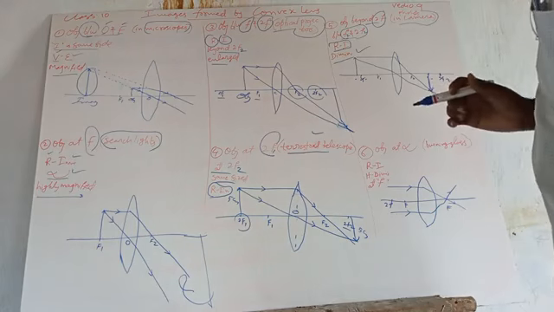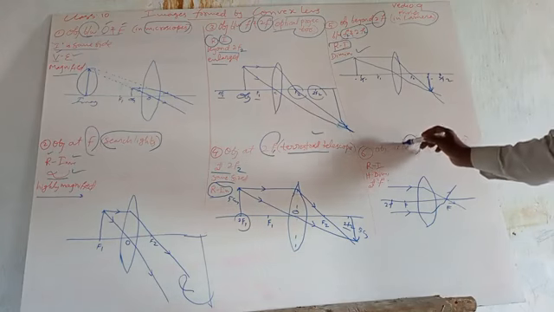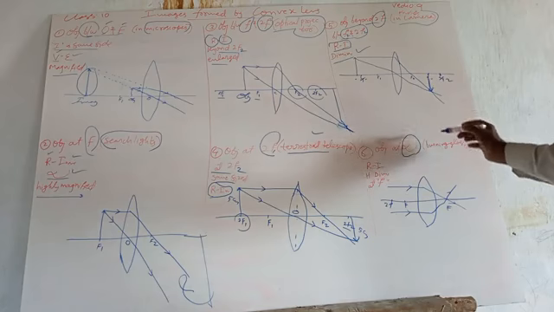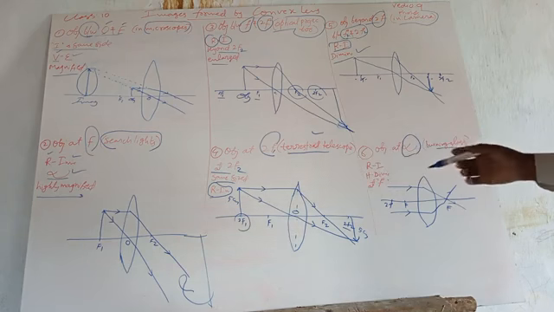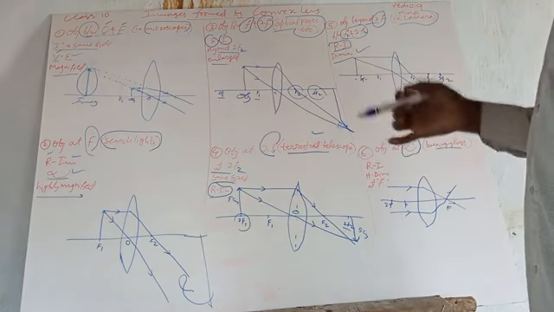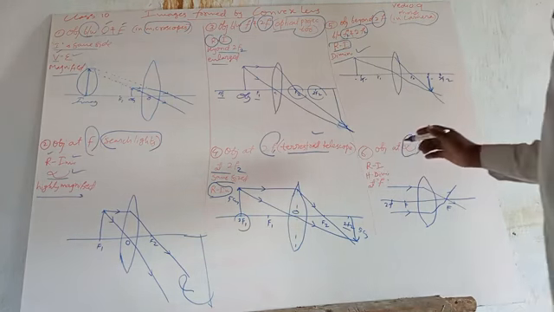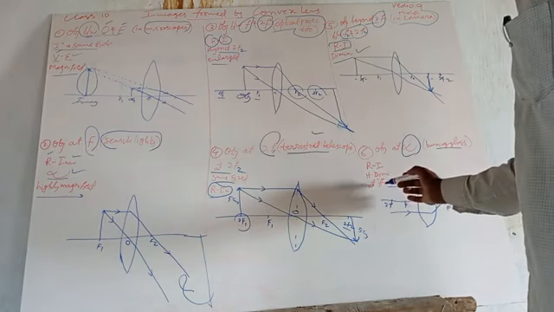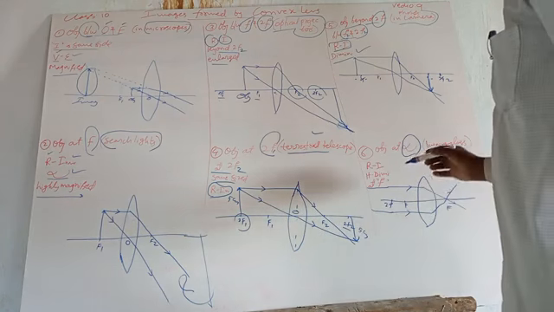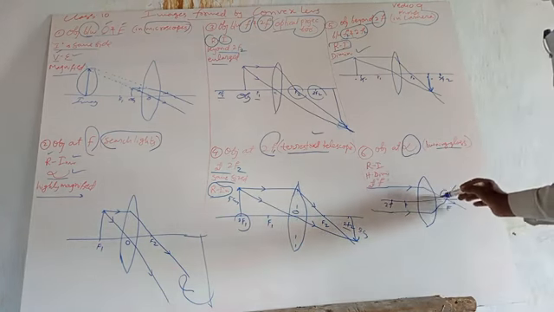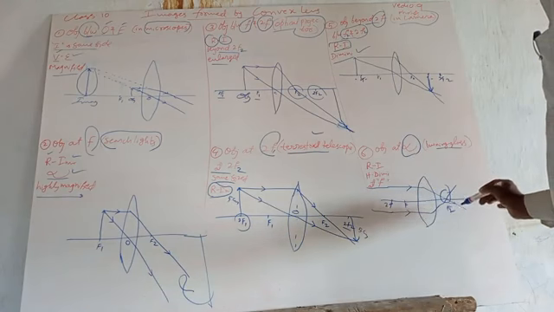Diminished means small. Next, when the object is at infinity, this type of lens we are using for burning glasses, magnifying lens. Object at infinity, infinity does not mean here exactly, infinity means far away. Then its image forms at the focus point F2.